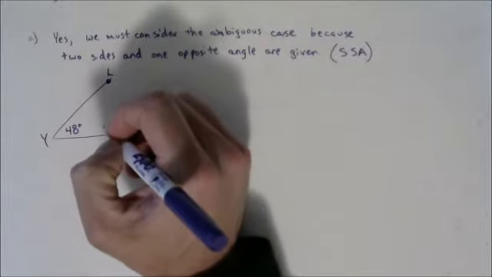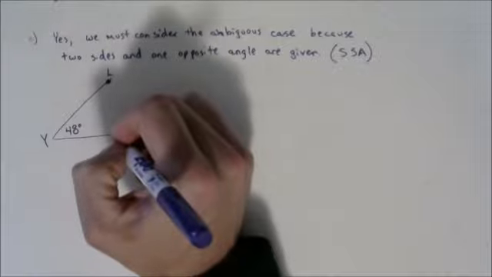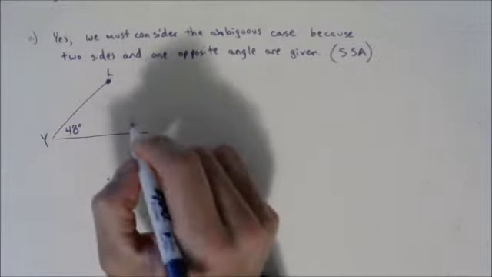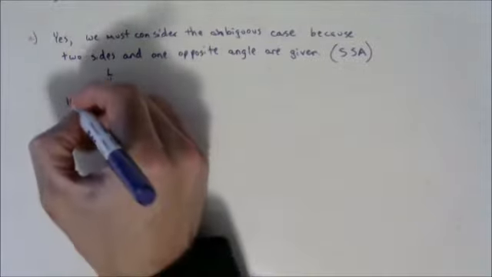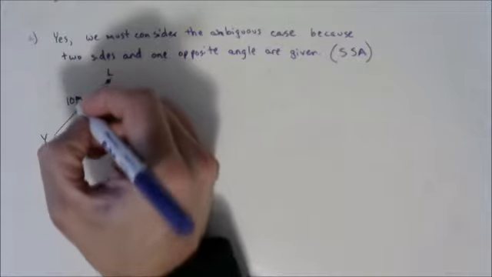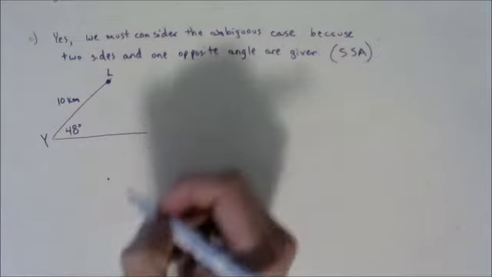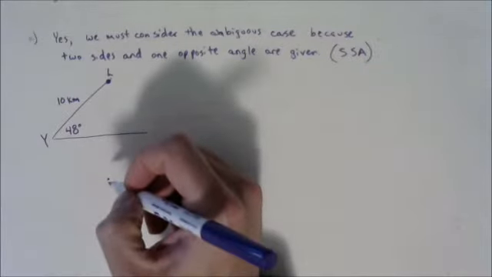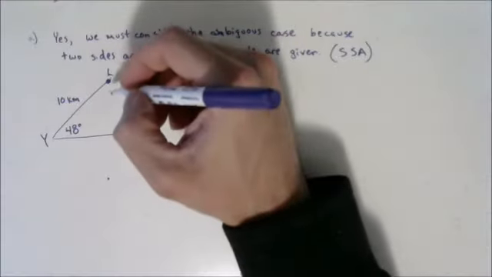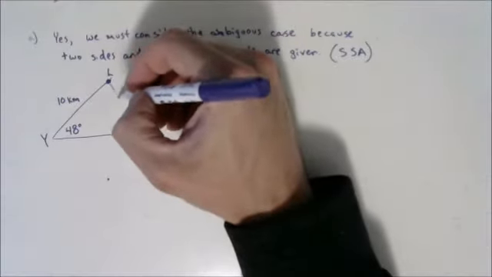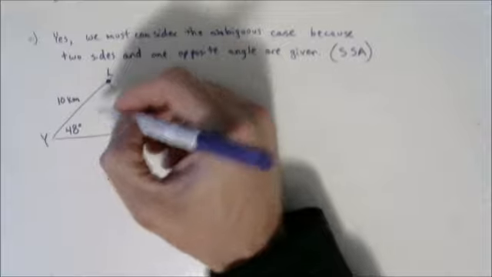From the lighthouse, we don't know the different angles, but from the yacht to the lighthouse is 10 kilometers. And from the lighthouse to the boat is 8 kilometers. So we're remembering this can either be this line or this line. It could be 8 kilometers.